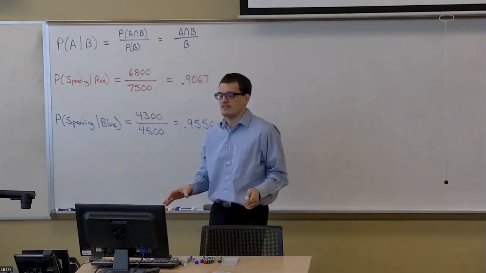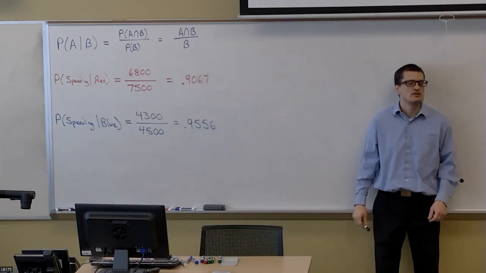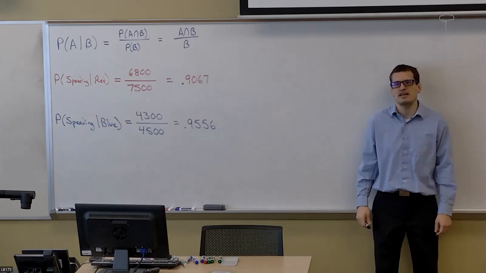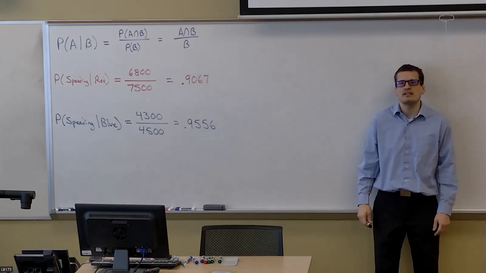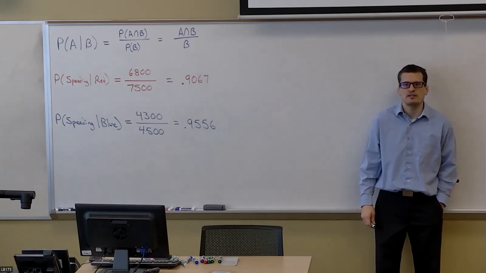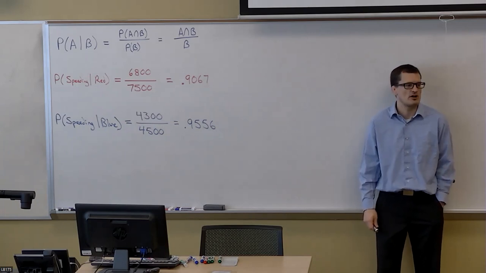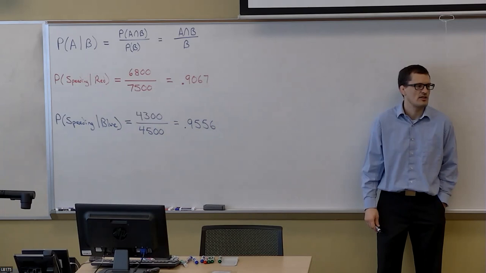Now, given this result, you might look at this and say, well, there is a slight difference in the probability of speeding, given the fact that it's a red car versus a blue car.